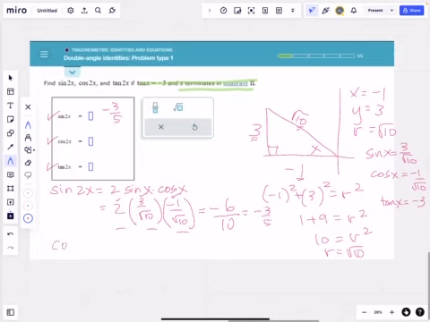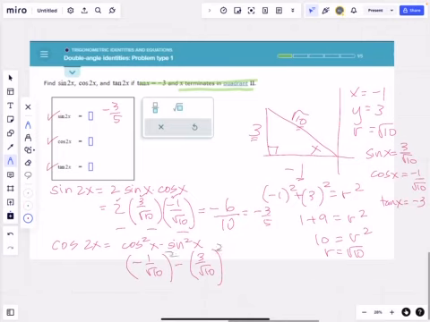So then I would do this. Cosine of 2x is equal to cosine squared of x minus sine squared of x. So cosine of x is -1 over the square root of 10, and sine of x is 3 over the square root of 10. And we're squaring both of those, right?